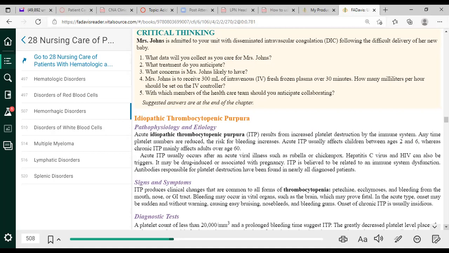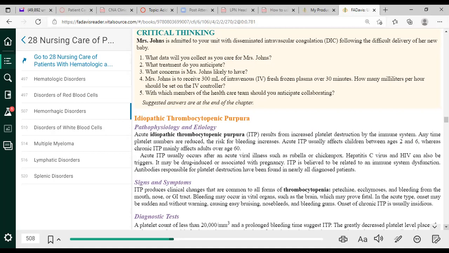Your immune system is destroying all your platelets. And with no platelets, no clot. In some instances, we need our blood to clot. If I just cut myself, I need my blood to clot, because if my blood doesn't clot, I'm going to have to sit here all night putting pressure over this area because I'm doing nothing but bleeding out.